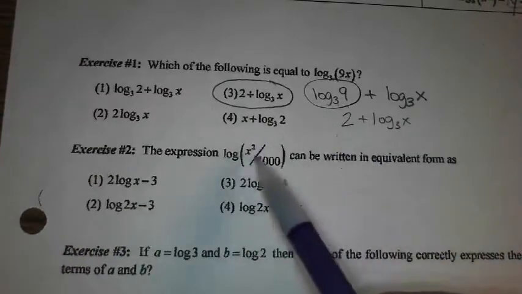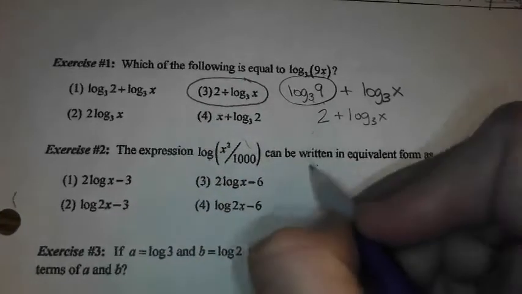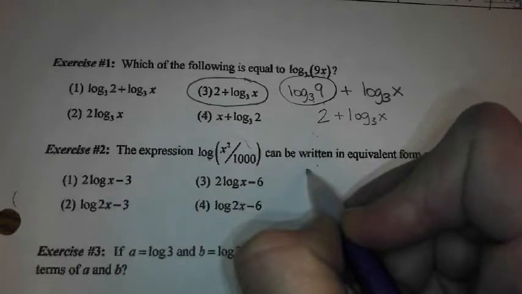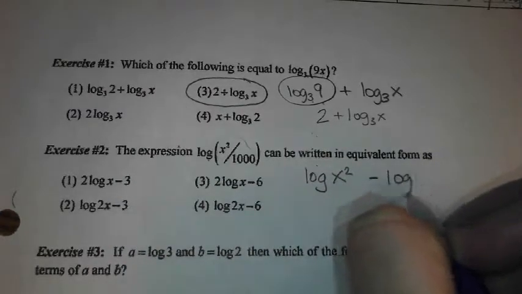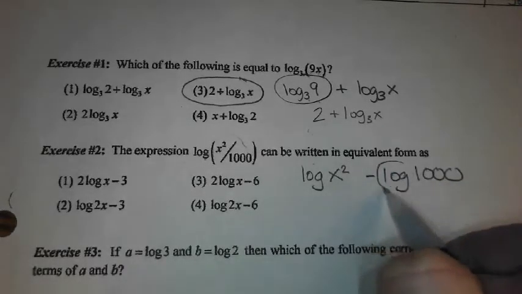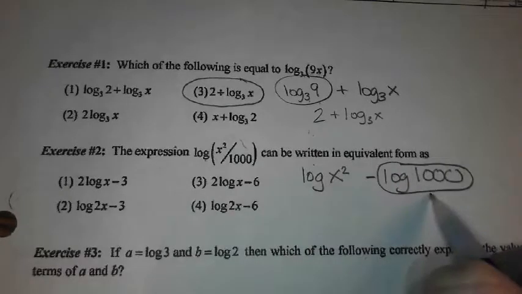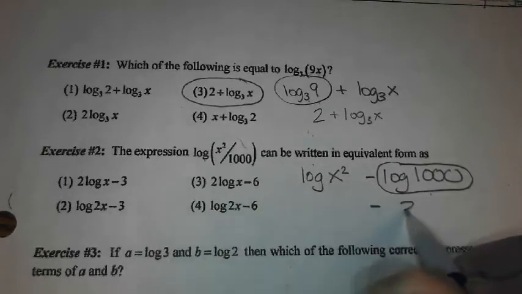In the next one, single log of division turns into, how do you expand it into subtraction? So log of x squared minus log of 1,000. Now this one had no base, so what is it? 10. So what's the value of this? 10 to what power is 1,000? 3.